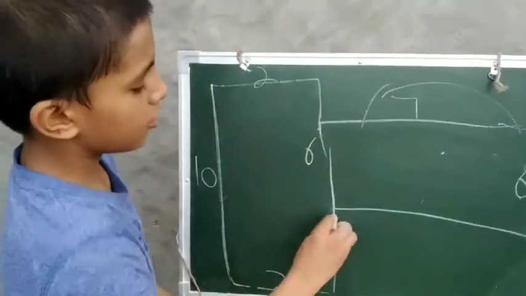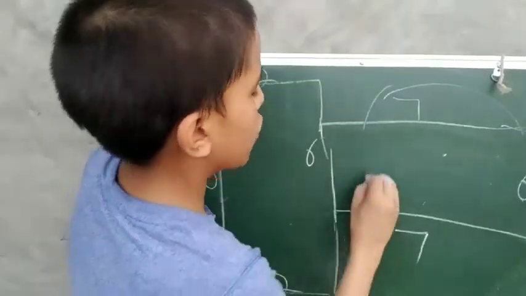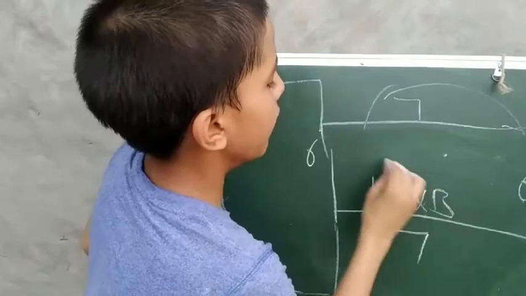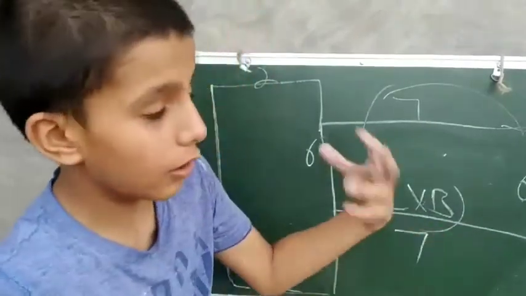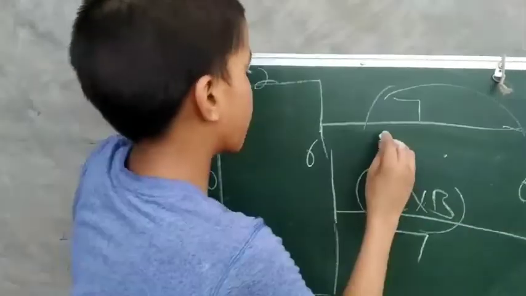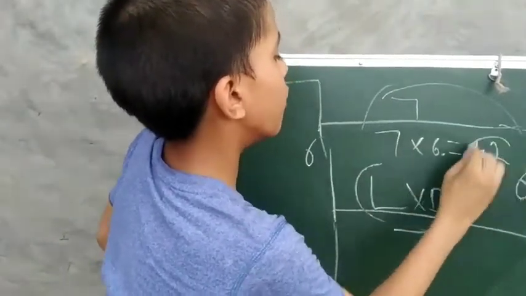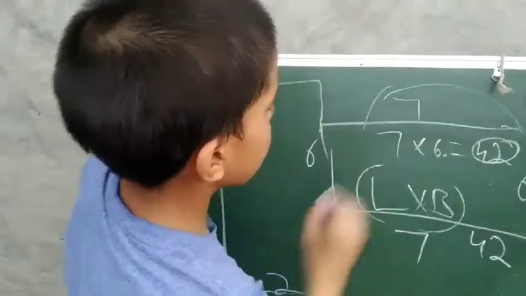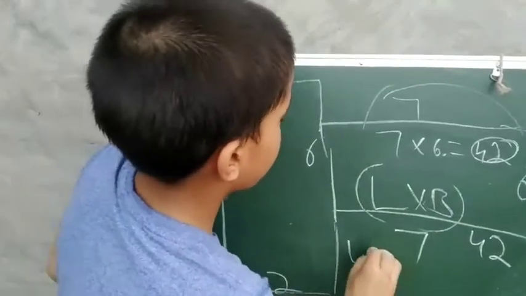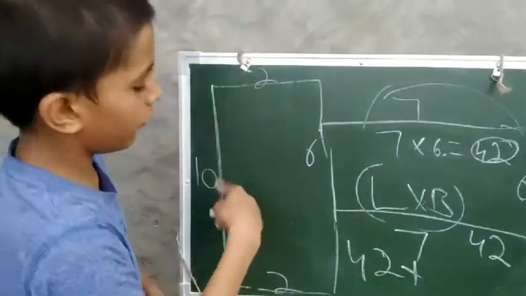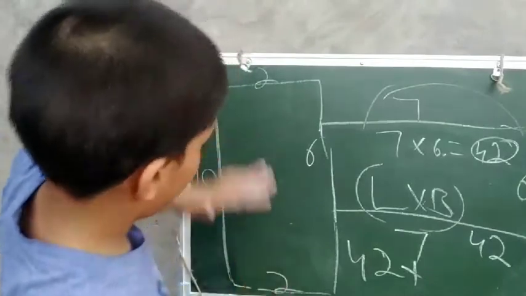So length multiplied by breadth gives us the area of the rectangle. It will be 7 multiplied by 6, which gives us 42. So 42 is for this, and we will add the area of the other rectangle.